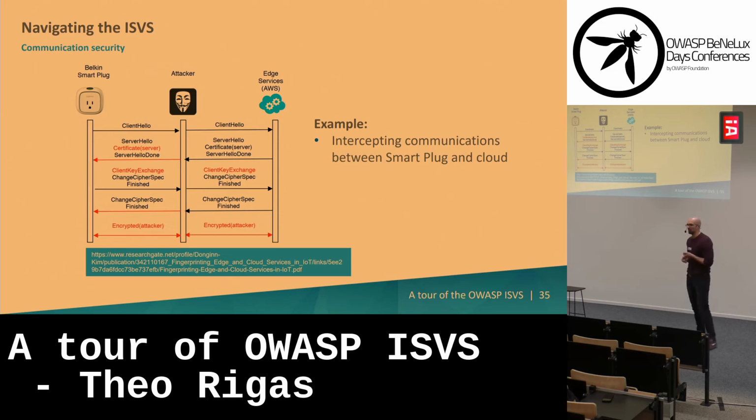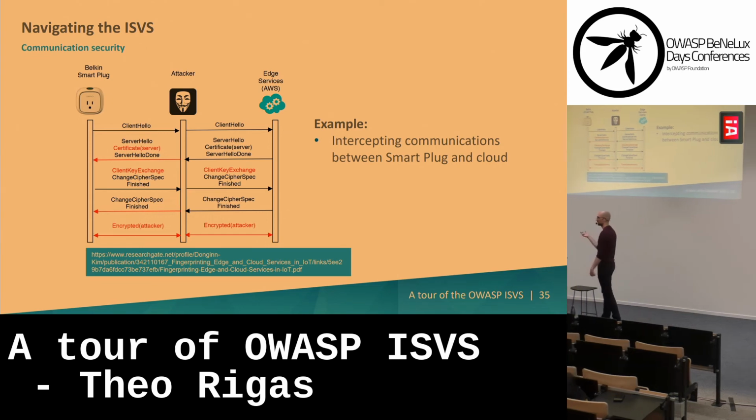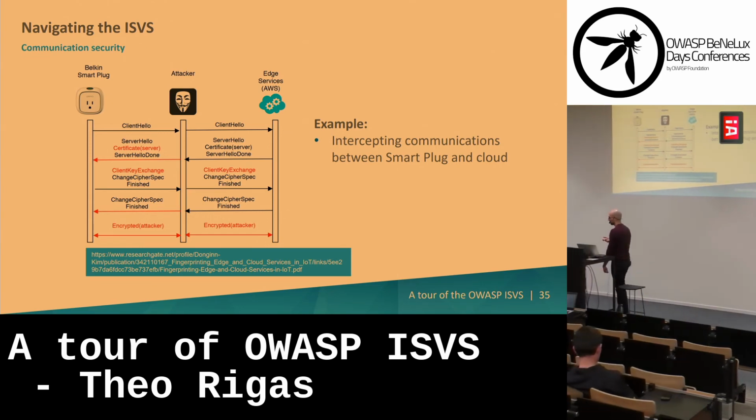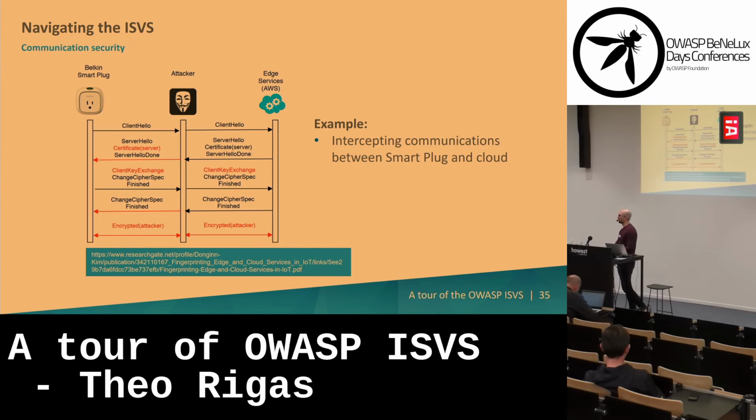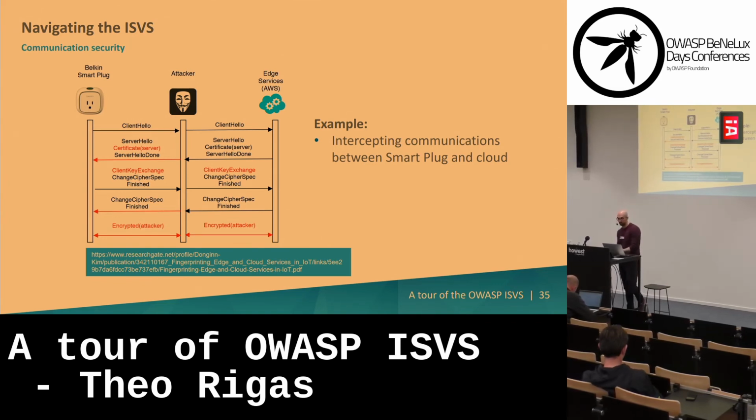However, if you think about an IoT device, like a light bulb, there you cannot do that. You cannot force the device to trust your certificate, except if you have some other kind of access to the device. But there it's already game over. So it's super important that the device verifies the validity of the certificate that you're giving it, because if it does that correctly, then it's very, very hard for the attacker to intercept the communications.